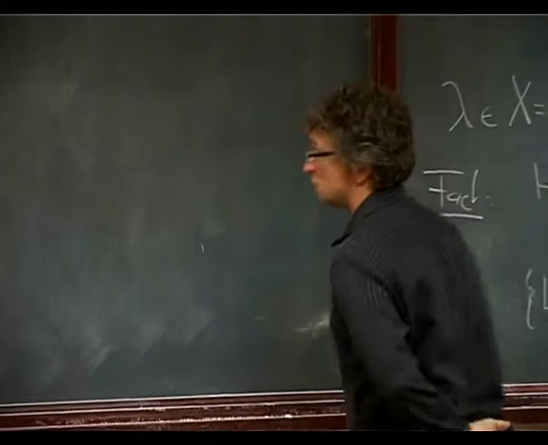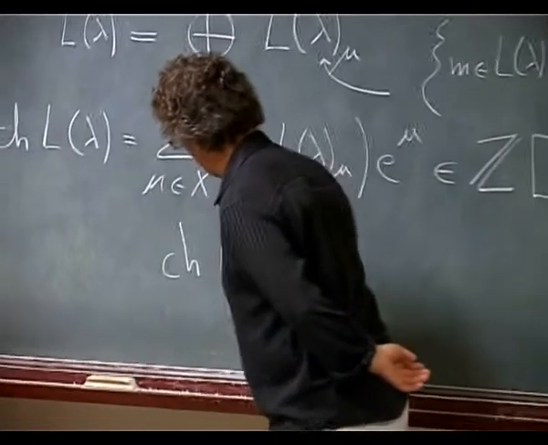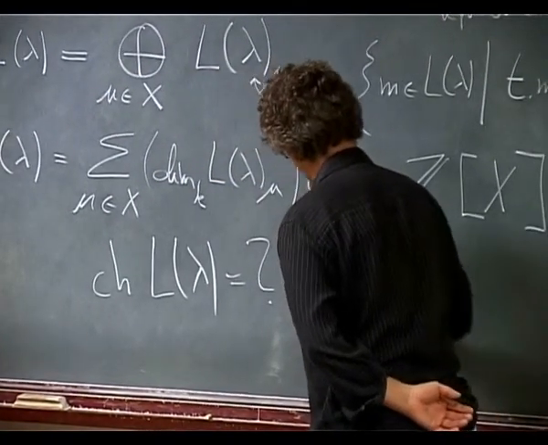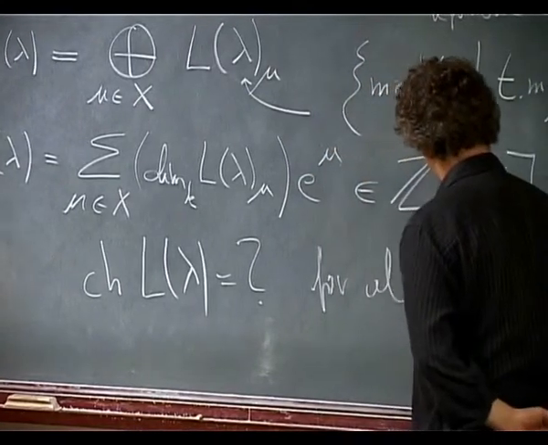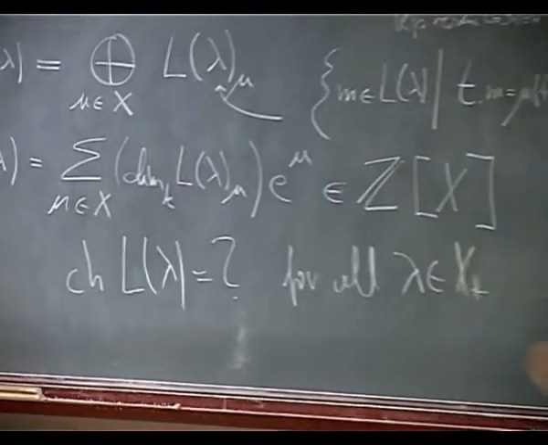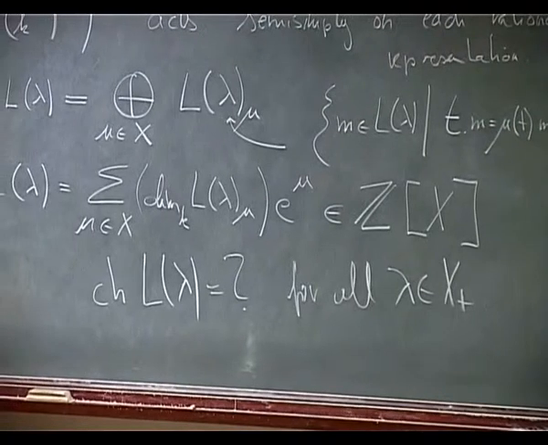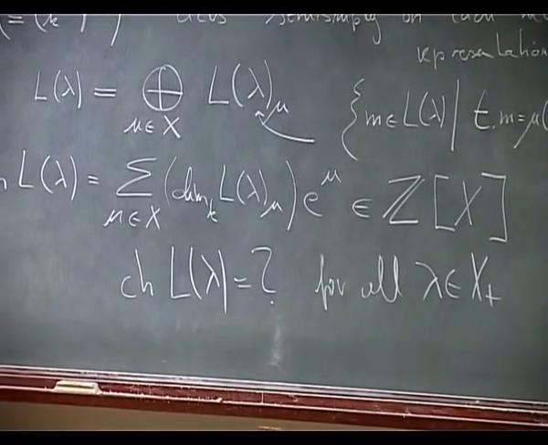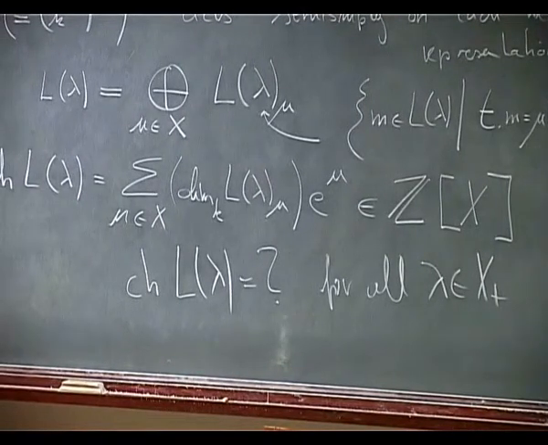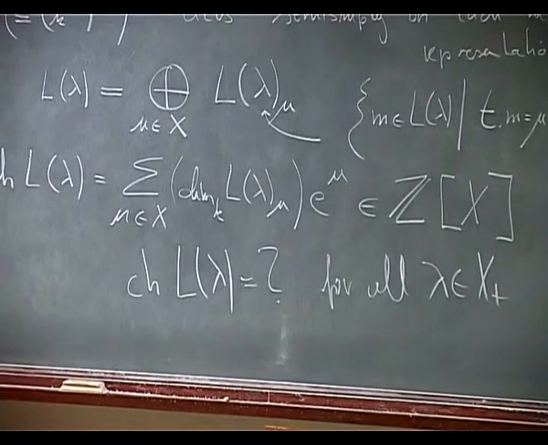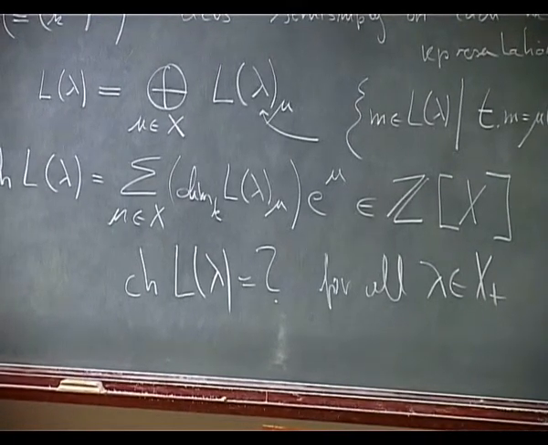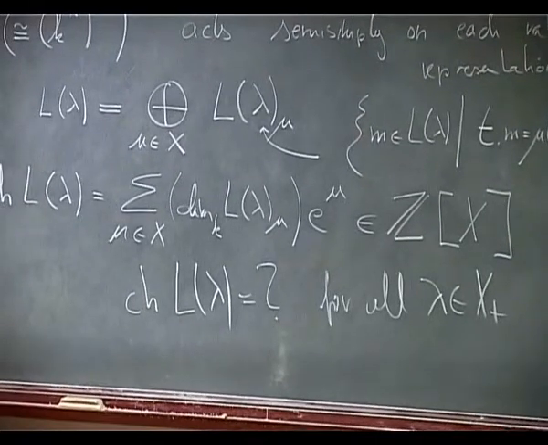So X^+, the problem, let me just write it down, is to calculate this character for all dominant weights, and this is an infinite set. But you can reduce it to a finite subset using several results. So Jantzen's translation functors are very important there, and also Steinberg's tensor product theorem.